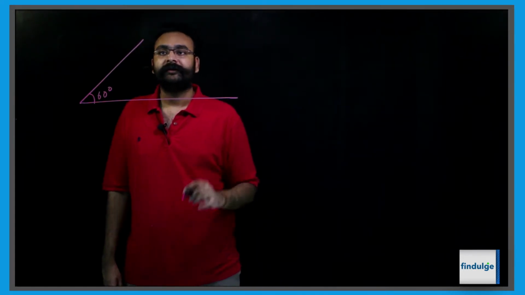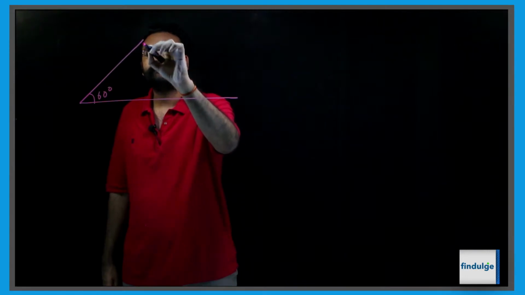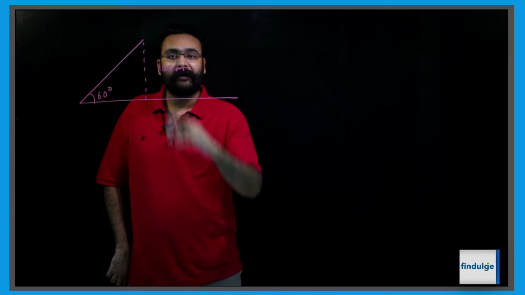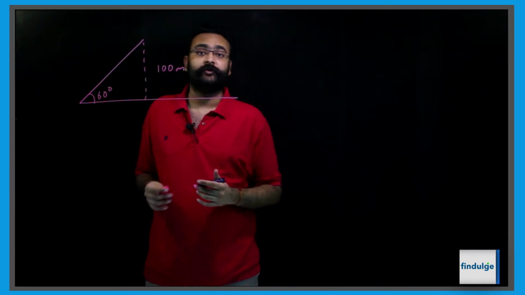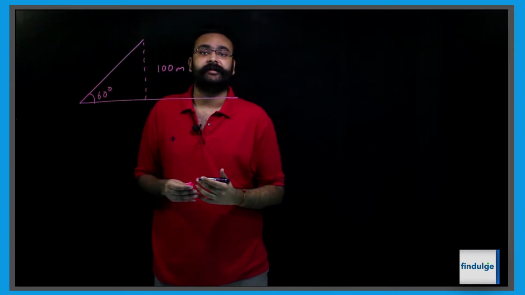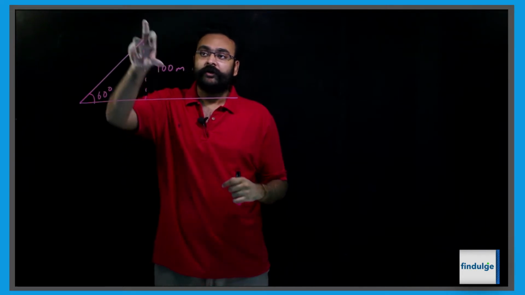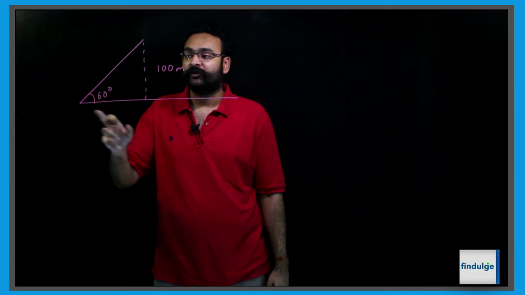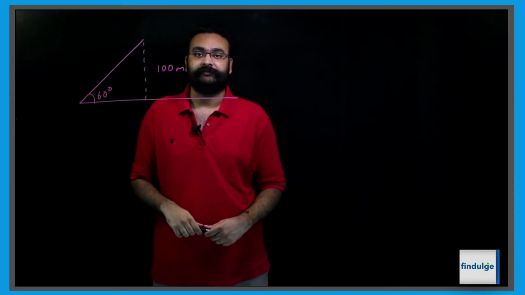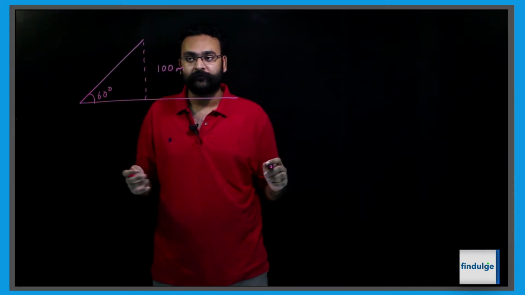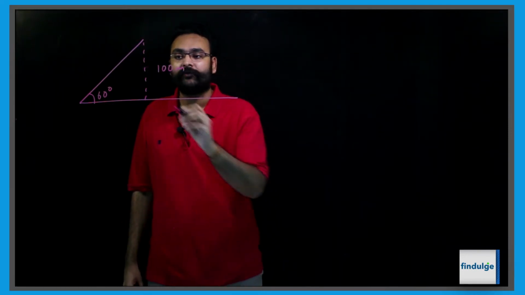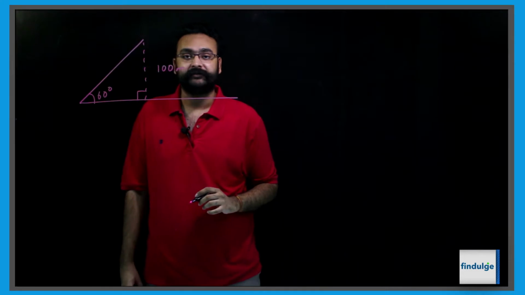We are told that the kite is 100 meters above the ground. The person is a very good kite flyer. They're able to get the kite 100 meters in the air. The question is, what is the length of the string of the kite? Obviously, when they say the height of the kite above the ground, they mean the perpendicular height.